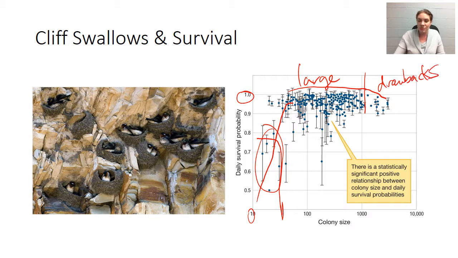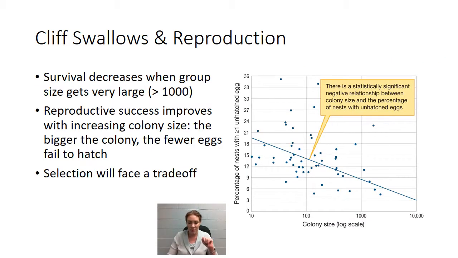So the questions really are, what's the difference? Survival obviously improves with bigger groups, but what about reproductive success? Here's another interesting part of the question. What we're looking at in this particular graph is, again, colony size, how many birds are in your group, and the number of unhatched eggs, or basically the percentages of nests that have more than one unhatched egg. The bigger the group, the more eggs hatch, the fewer unhatched eggs you have.